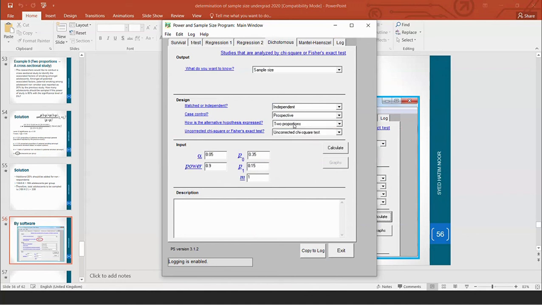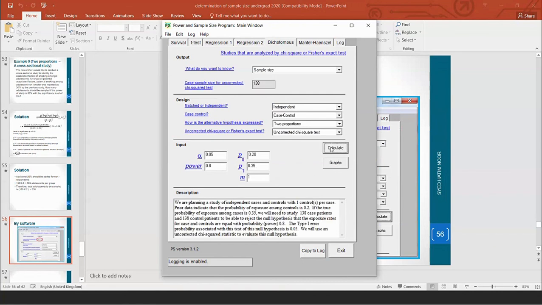In this PS, they have only case control and prospective. If, let's say, cross-sectional, you just choose case control, and then we need the proportion. P0 just now is 20%. P1, I put 35%, right?